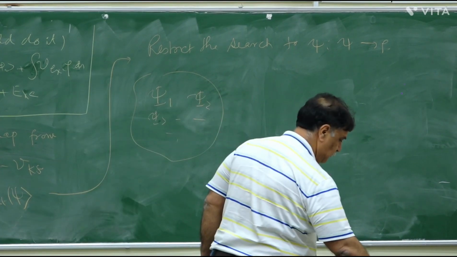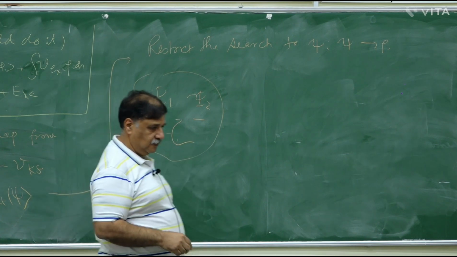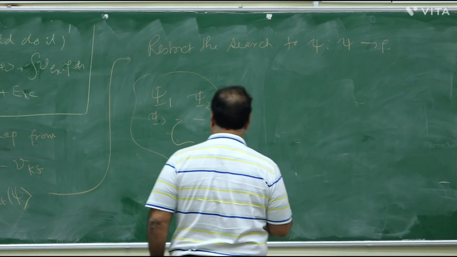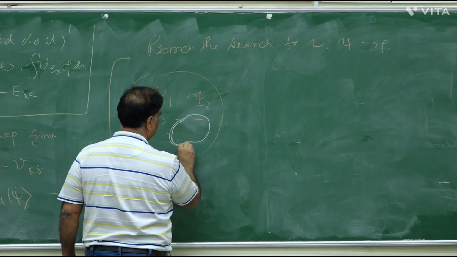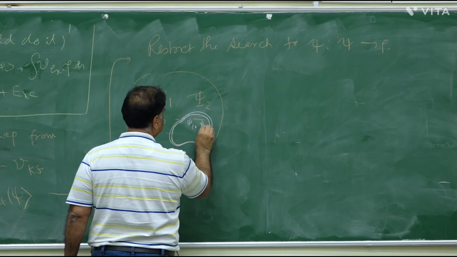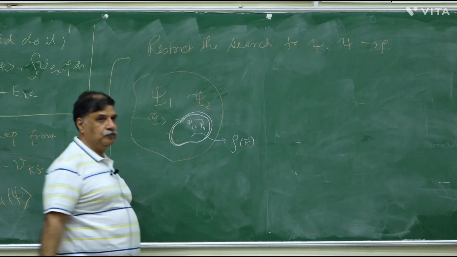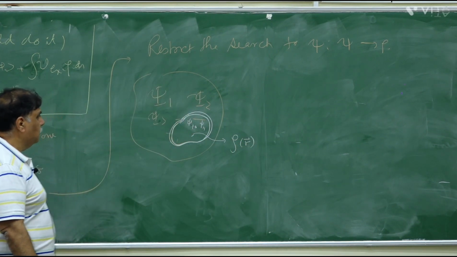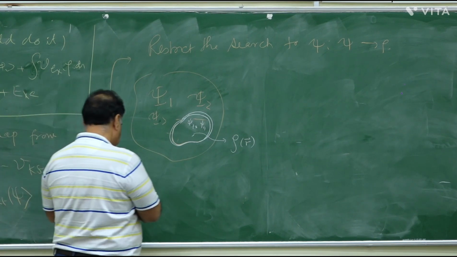I'm going to now restrict myself to only those functions, in a restricted search, psi 10, maybe psi 11, and so on. All these wave functions give me rho(r). Okay? Suppose I could do that. Because I have a huge computer, I tell it, go do the search. Alright? And then I restrict myself to only these.